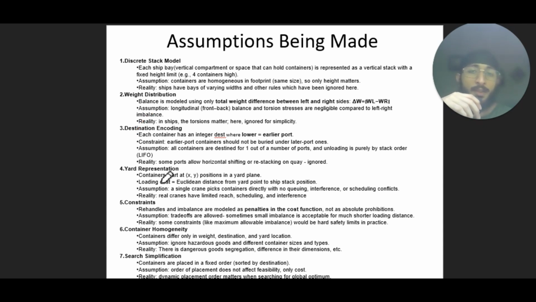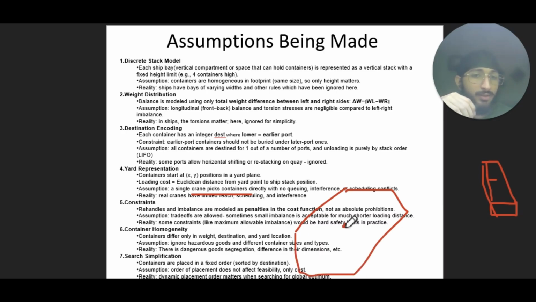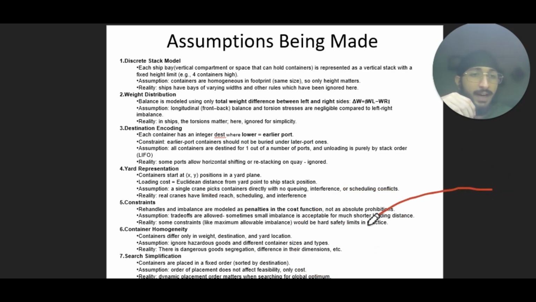Then the yard representation. Containers start at an xy position in the yard plane. The loading cost is the Euclidean distance from the yard point to the ship stack position. The assumption is that a single crane would pick the containers present in the yard directly with no queuing, no interference or any scheduling conflicts. So let us say this is the ship, right? We are just considering the coordinate of the ship and the coordinate in the yard where the container is present in a 2D coordinate axis, and we just need to bring it using a crane, and we'll consider only the Euclidean distance.